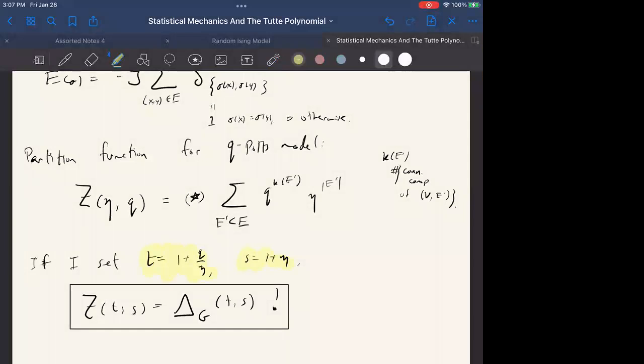Is it necessarily useful to try and compute this in all scenarios? If I have a different system and I want to describe its partition function, does it make sense to have a Tutte polynomial for everything?